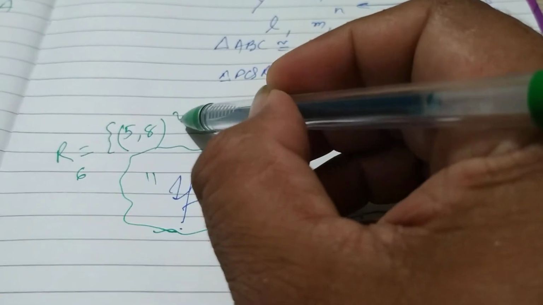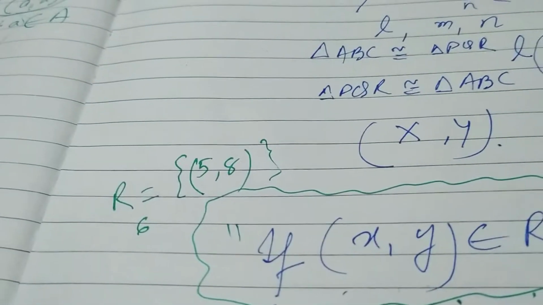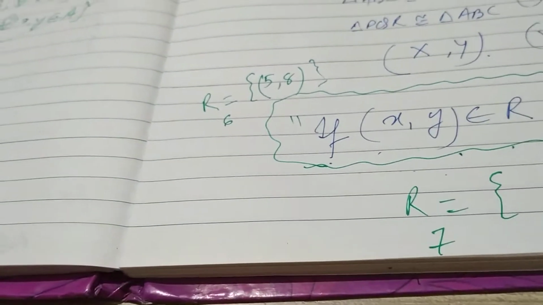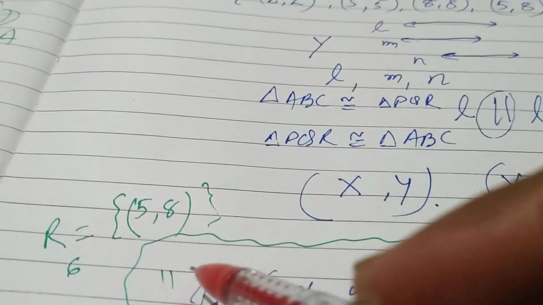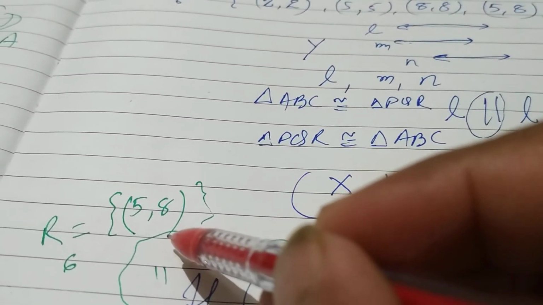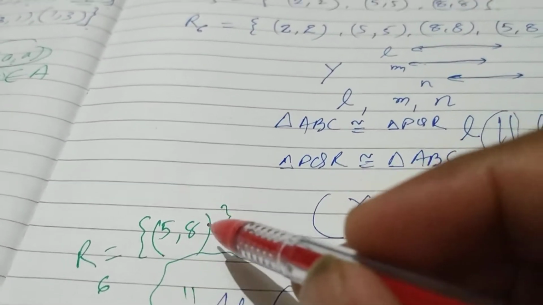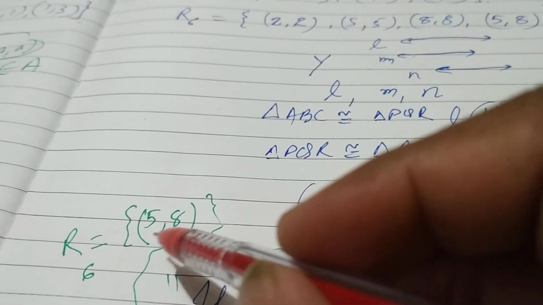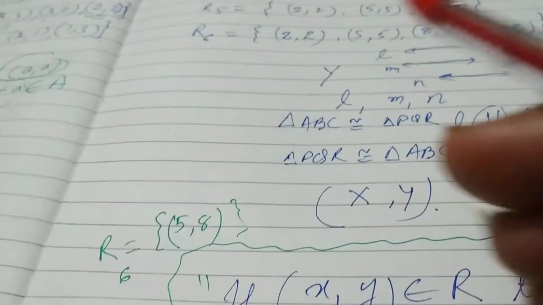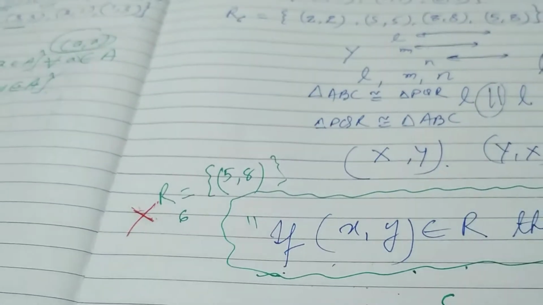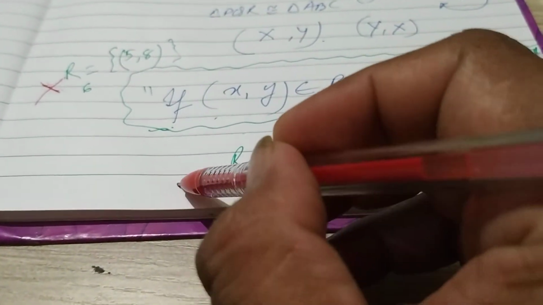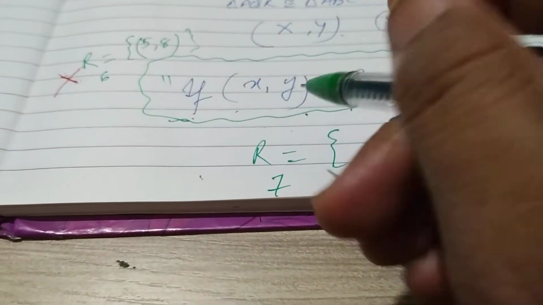Is it a symmetric relation? Never. It is not a symmetric relation because this R6 contains only one ordered pair, 5, 8, and its converse, 8, 5, is not present. Hence, this is not symmetric. I have to cross it. Whether this is symmetric? Yes, it is symmetric. I'll put it in green pen.